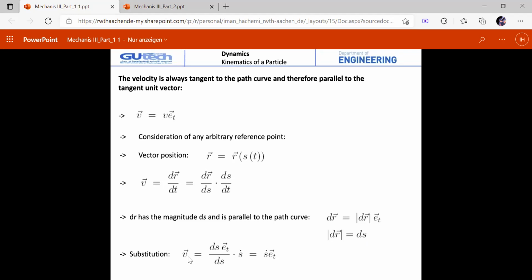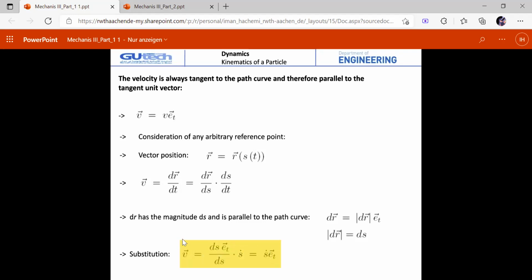If you substitute here, we get the velocity v, it's only s dot multiplied by the unit vector in the tangential direction.